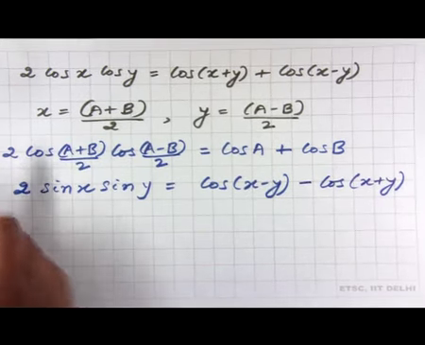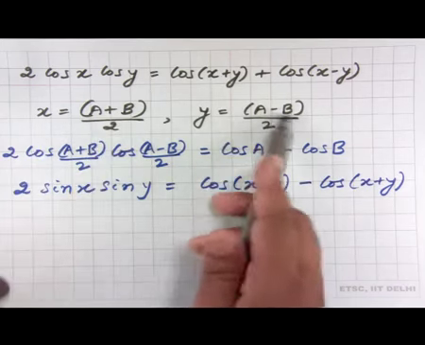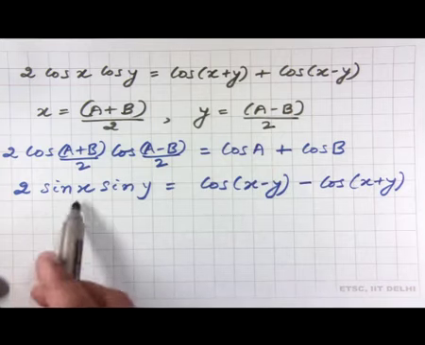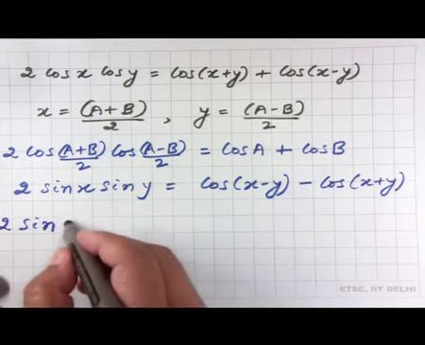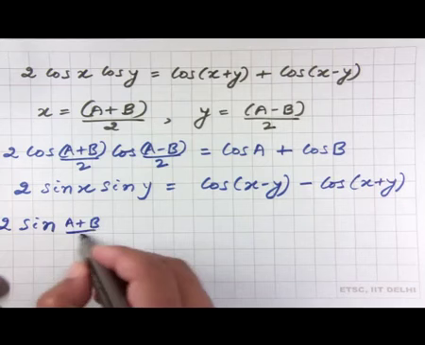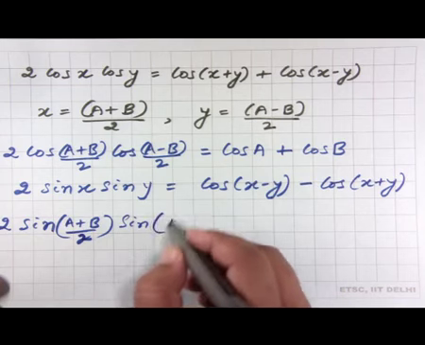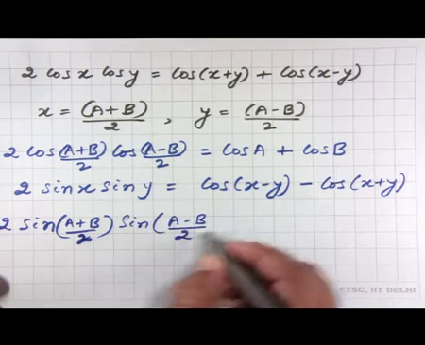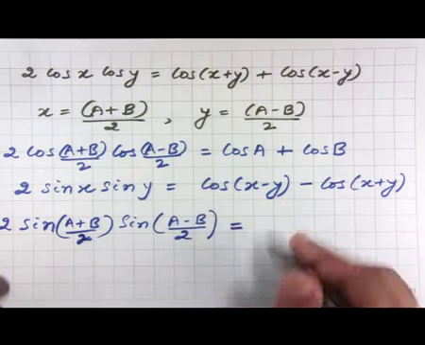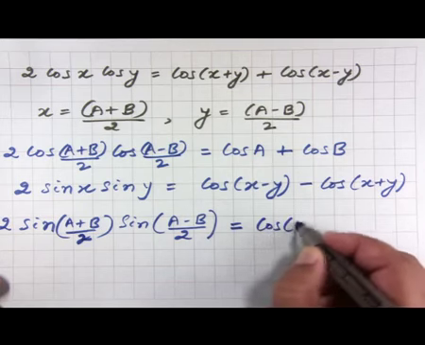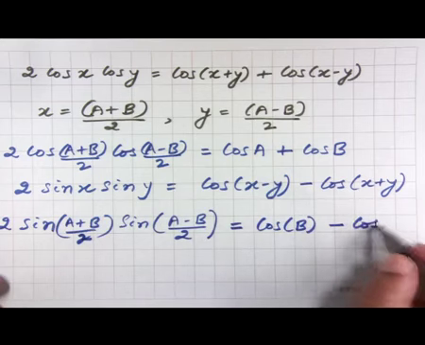And again doing the same substitution here with x equal to (a plus b) by 2 and y equal to (a minus b) by 2, what we end up getting here is 2 into sine of (a plus b) over 2 into sine of (a minus b) over 2 equals, x minus y is b, so cosine of b, minus, x plus y is a, cosine of a.